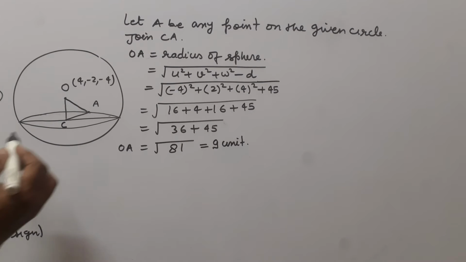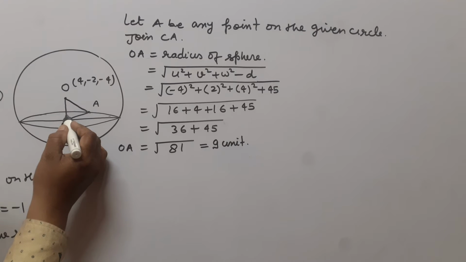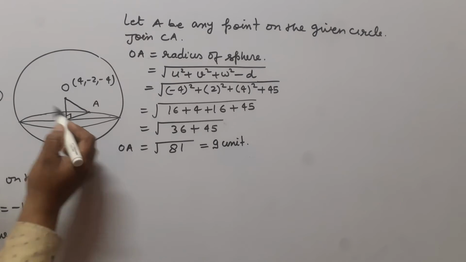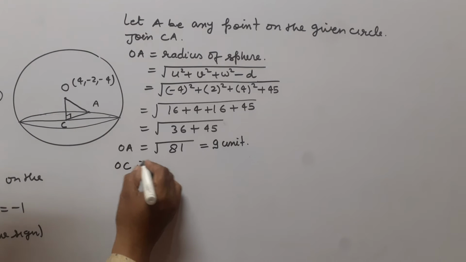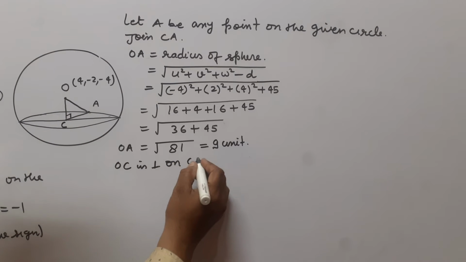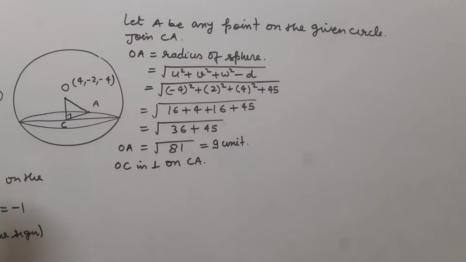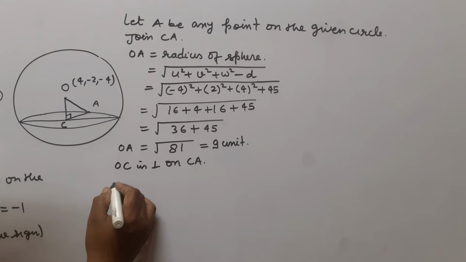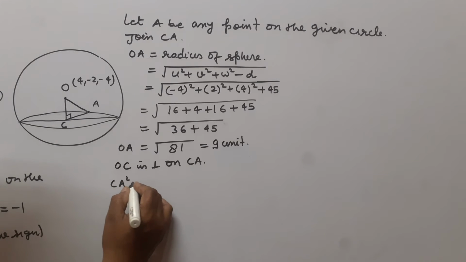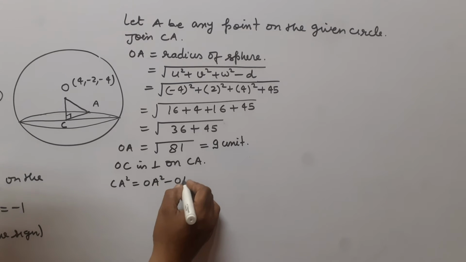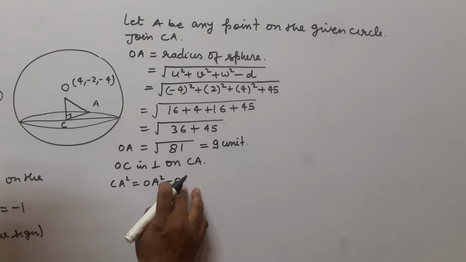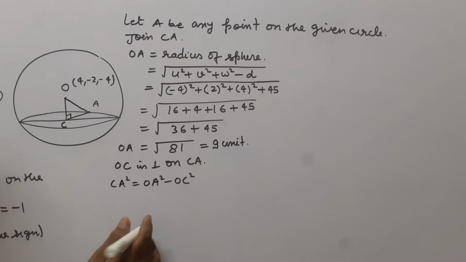Now we can see here this OC is perpendicular to CA. So using the Pythagoras theorem, we find CA square is equal to OA square minus OC square, because OA is the hypotenuse here.